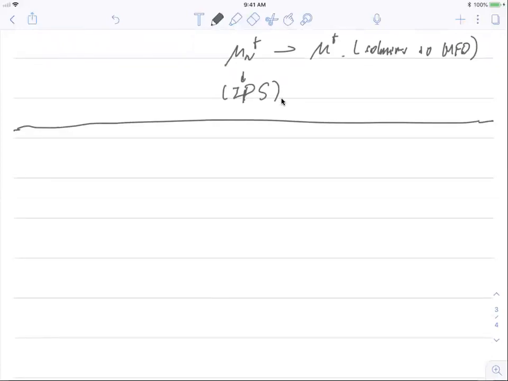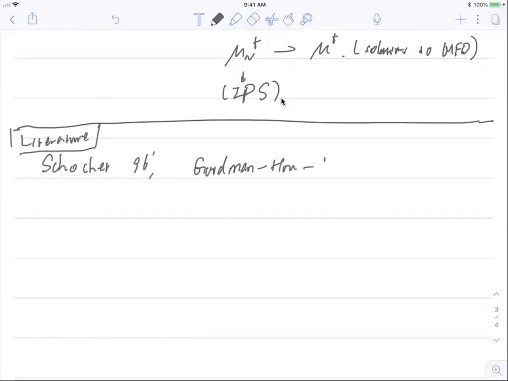In particular, for the 2D literature, like Chauchet and Goodman, those are basically on the 2D Euler.